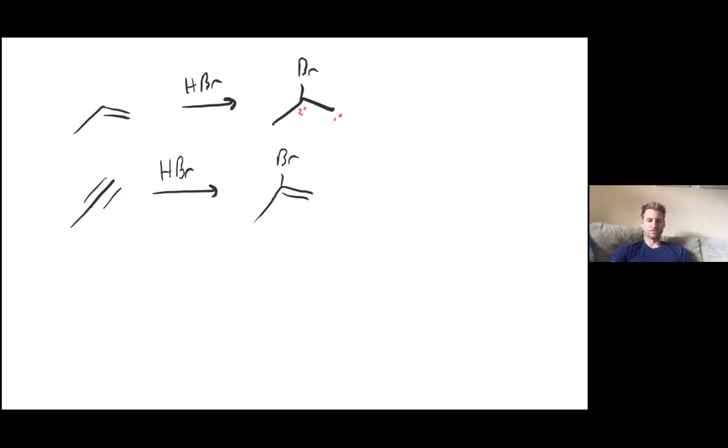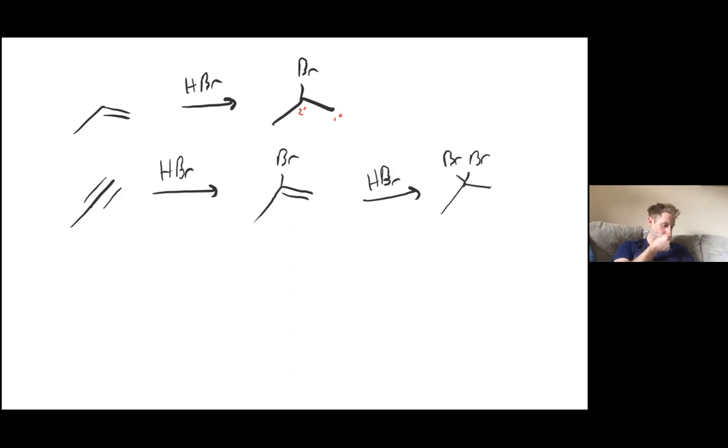Br is going to go to our more substituted position, H is going to go to our less. If we do it a second time, we can dibrominate. Again, it'll follow your normal Markovnikov rules, so both of them will end up on your more substituted position.